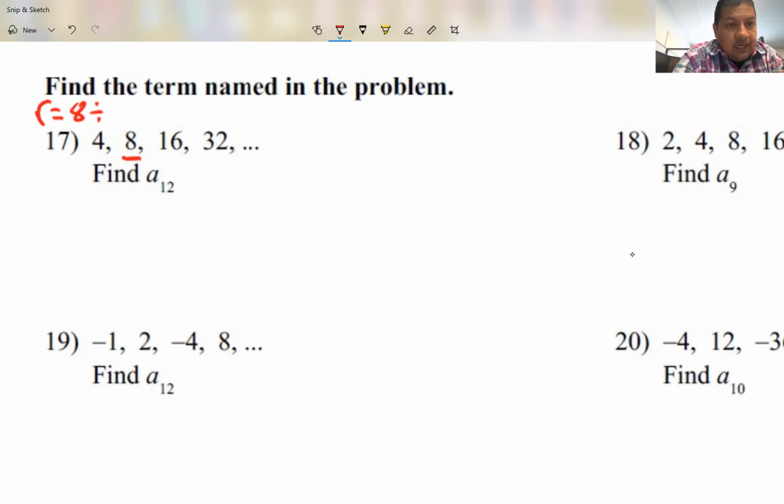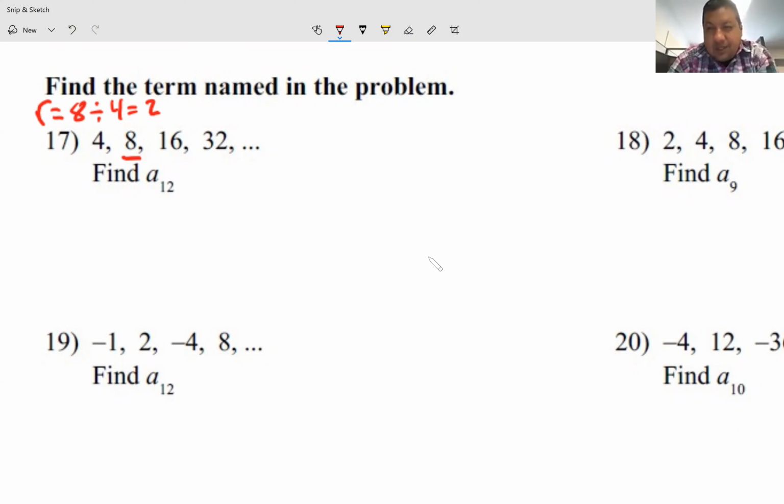So 8 divided by 4. My ratio is 2. What the ratio tells me is I'm multiplying by 2 over and over in order to come out with the next term. So the ratio is 2.